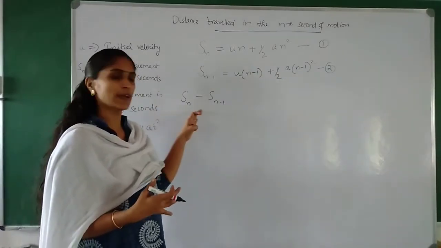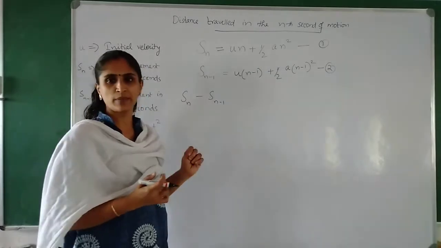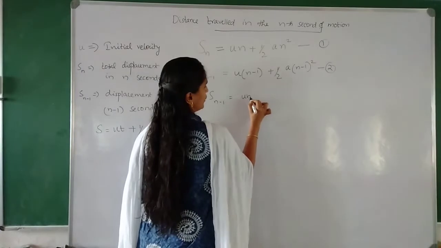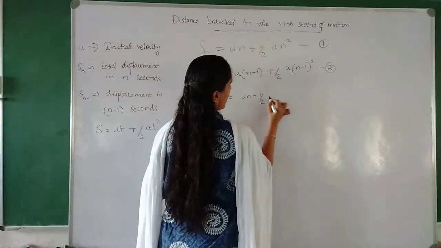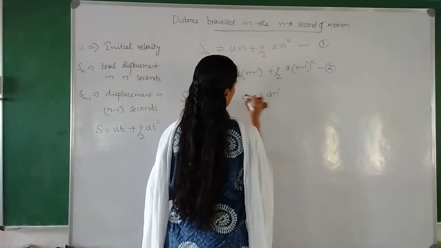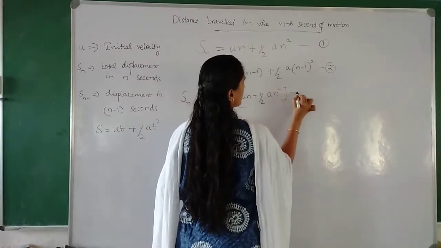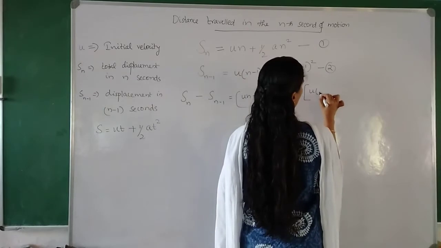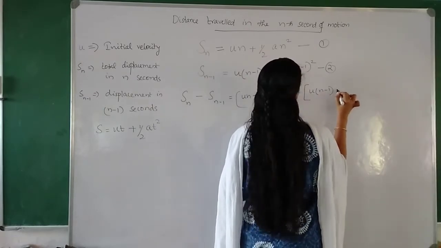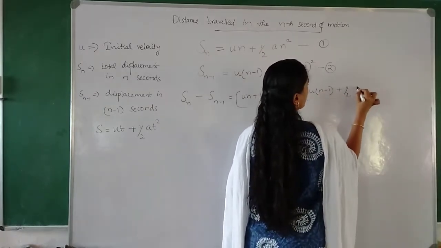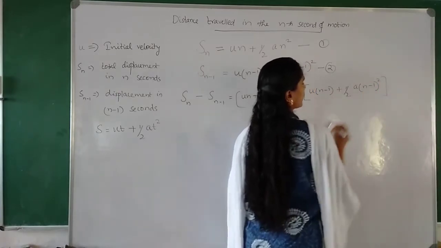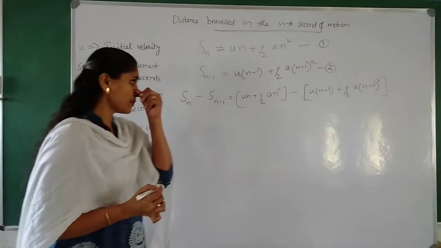So what is the distance travelled in the nth second? That is given by Sn minus Sn minus 1, which is equal to un plus half a n square, minus, u into n minus 1 plus half a into n minus 1 square. We can simplify it.